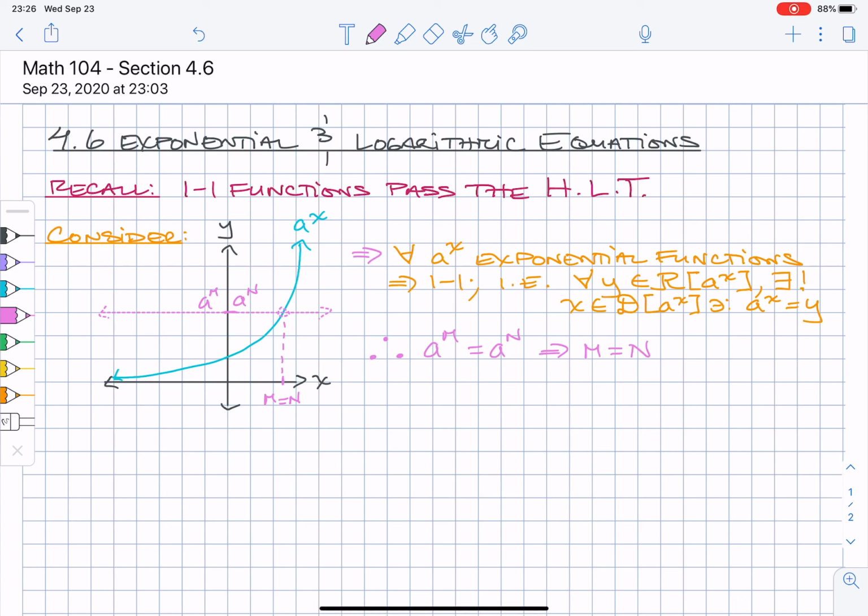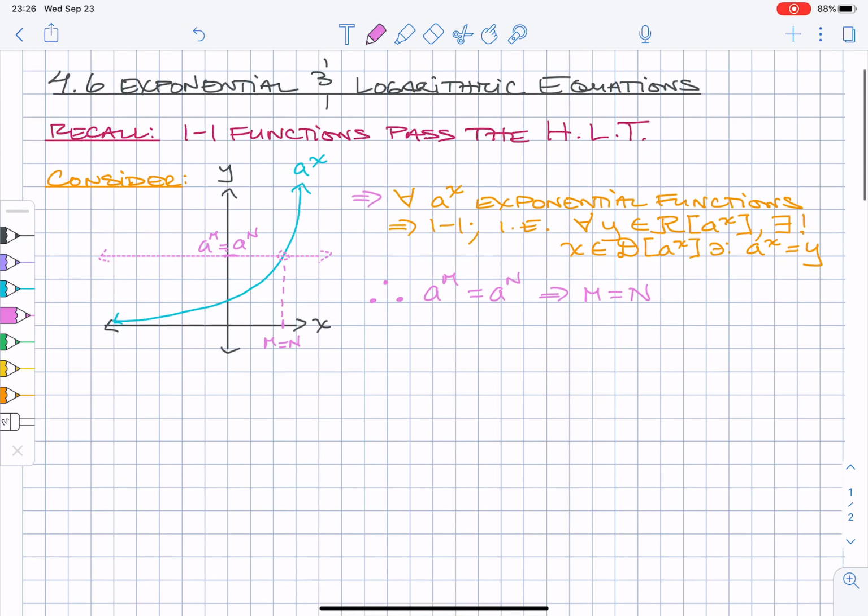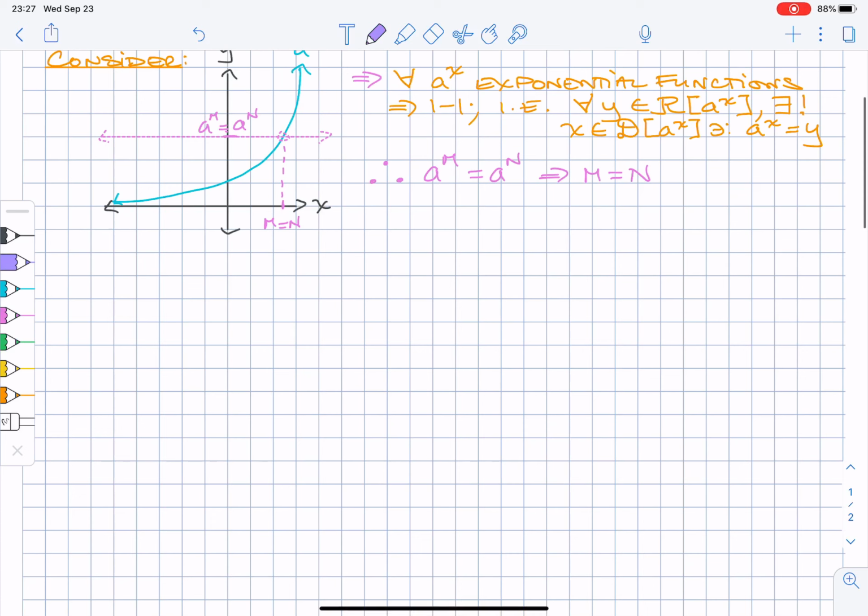They're both equivalent, right? There's only one value of y for which that is true. Okay, so this is called the one-to-one property of exponents. So let's call this a theorem. One-to-one property of exponents.